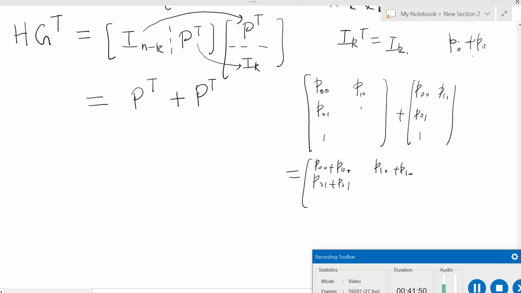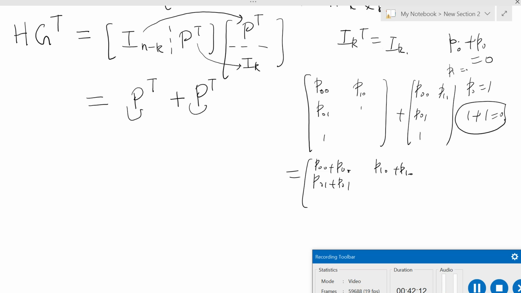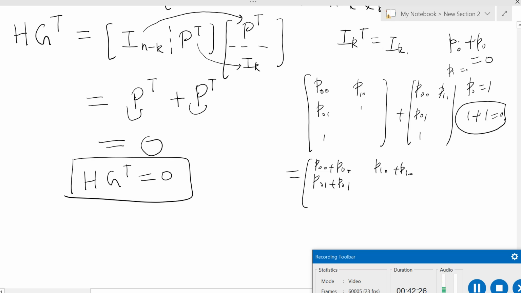P naught plus P naught will always be 0. Why? Because either P naught is 0, then obviously 0, or P naught is 1, and 1 plus 1 is 0 in modulo 2. So P transpose plus P transpose is adding element-wise two matrices with itself, where each element is either 1 or 0. The XOR of the same binary digit is always 0, so this will be 0. So we have H G transpose equal to 0. This is a very important property.